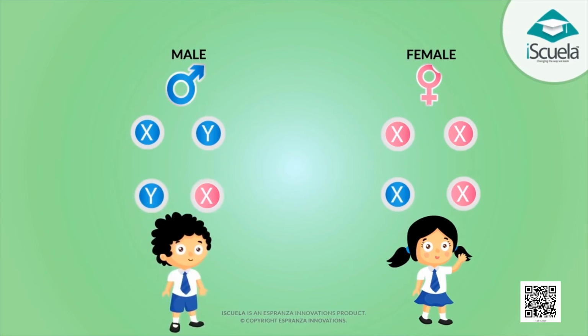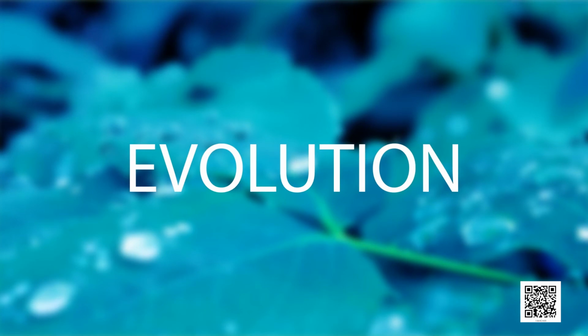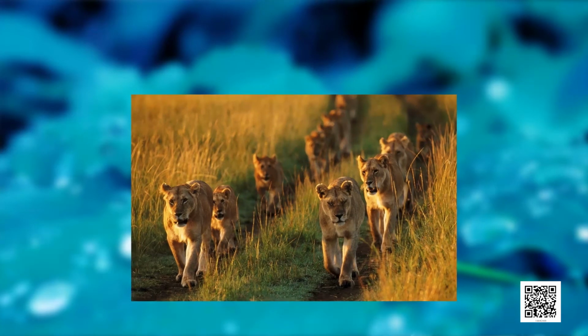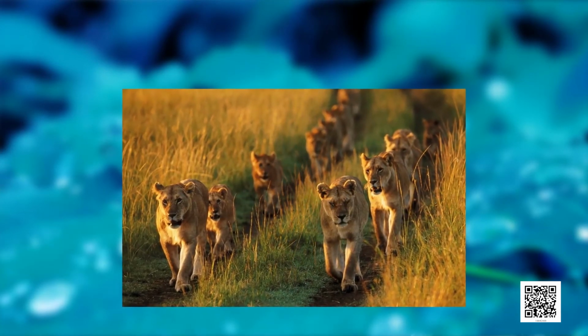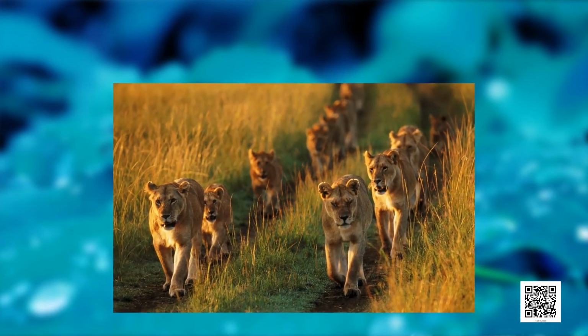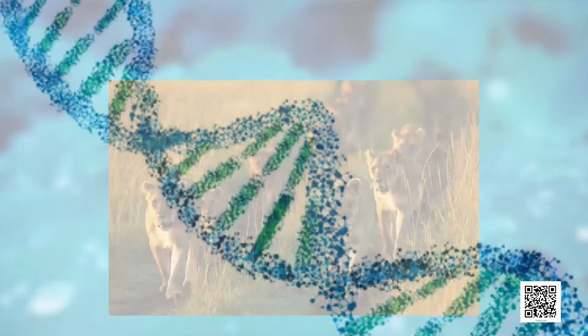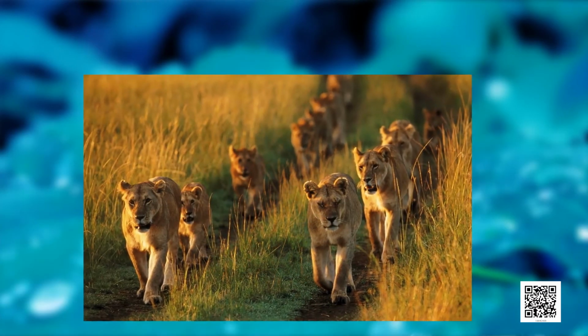Let us now try to understand what is evolution. Children, in some organisms, there is an inbuilt tendency to variations generation after generation due to the changes in the DNA and/or as a result of sexual reproduction.